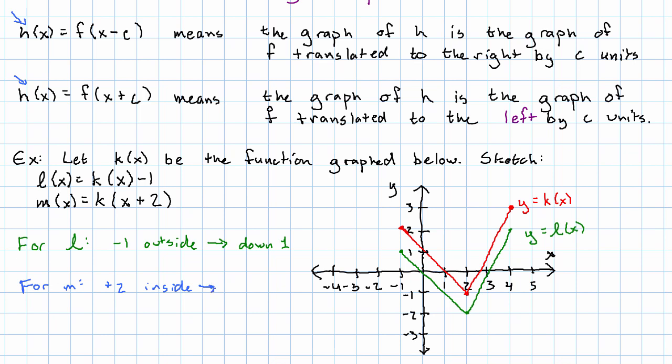Adding 2, that's subtracting negative 2. So I want to translate left by 2. So every point on my original graph, I want to move 2 units to the left. There's my function y equals m of x.